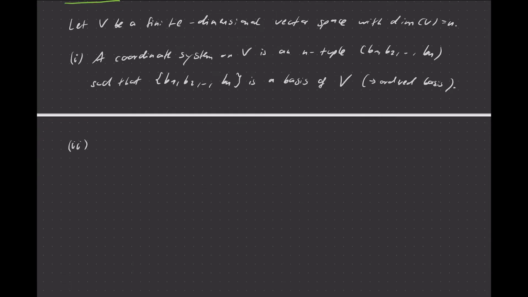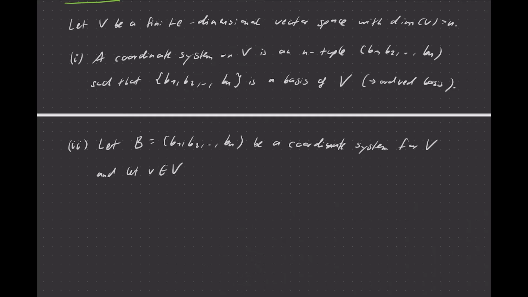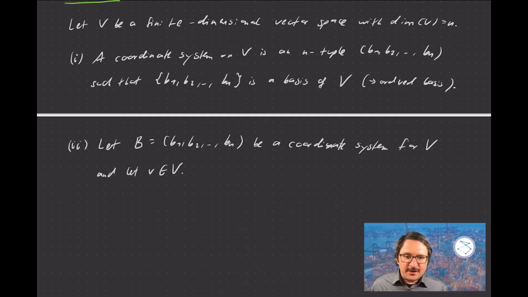Part 2, we're going to introduce a little notation to make the following a little easier to comprehend. So if we have such a system, let B be equal to B1, B2, and so on, up to Bn, let that be a coordinate system for V. And let v be a vector in capital V. Then, of course, that vector is first not depending on any coordinates.